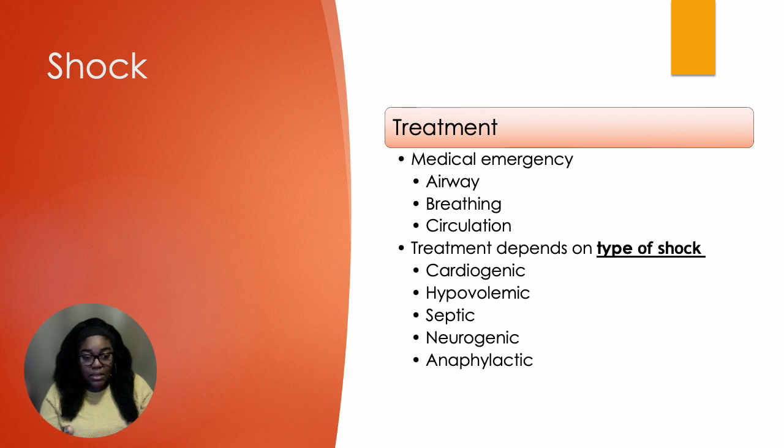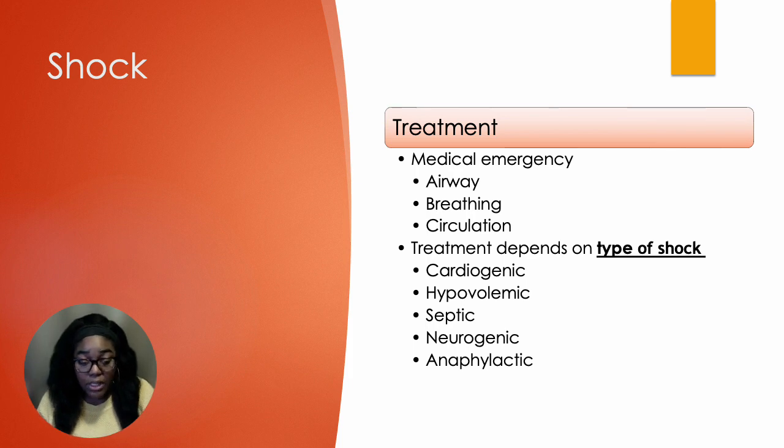You may see them go into hypovolemic shock because their blood volume has decreased due to the extent of their injuries. So a type of treatment for that would be to increase their blood volume, give them fluids, and give them blood to help increase the volume of circulatory blood accessible to them.